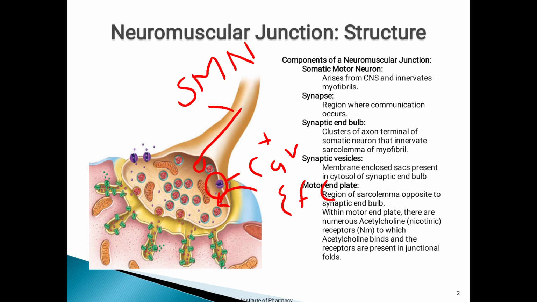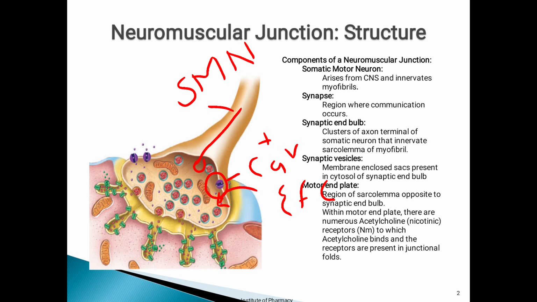Once calcium enters the synaptic end bulb, the next step is exocytosis. Now we have already covered what is endocytosis and what is exocytosis.